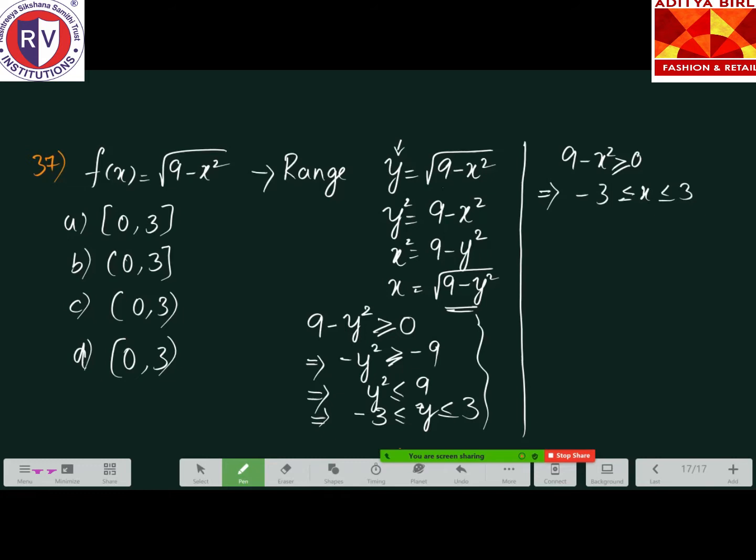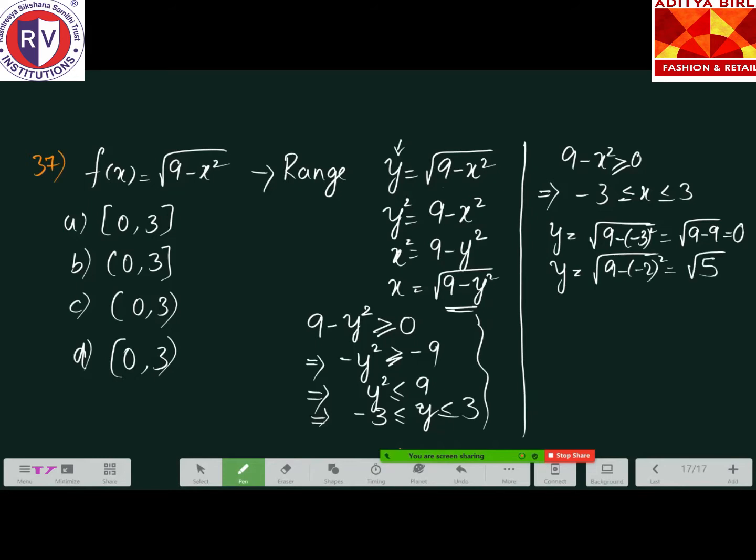See, we can give the values for x from minus 3 to 3 here, right? Suppose I give x is equal to minus 3 in the given function. What will happen to the function? This will be root of 9 minus 3 whole square, that is root of 9 minus 9, the answer will be 0. Suppose if I give minus 2, what is the value of y here? Root 5.